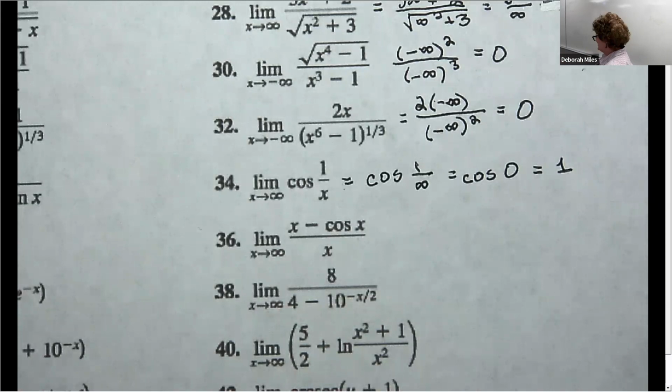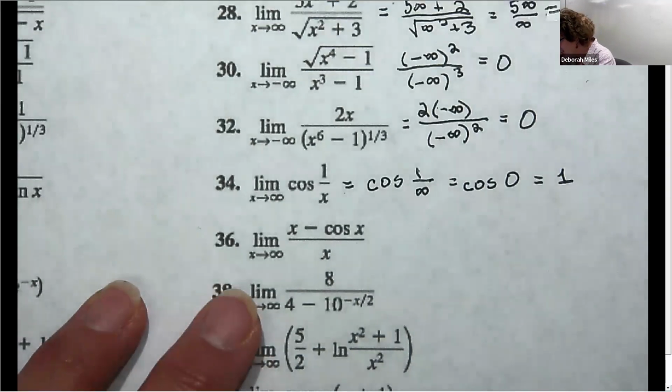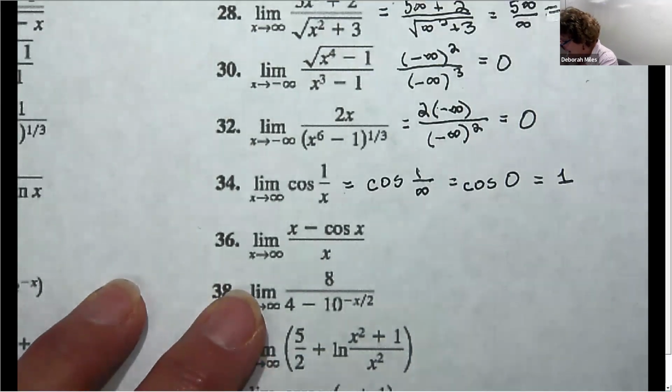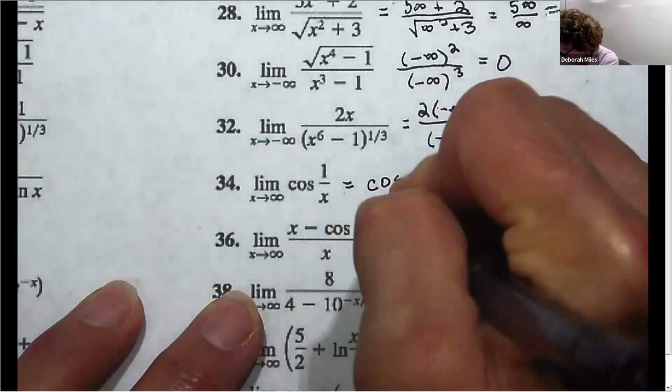Your lips are forming the right word, baby. Yeah. Why? Something insignificant when the other term is going to infinity. I can think of one way I could write that down.